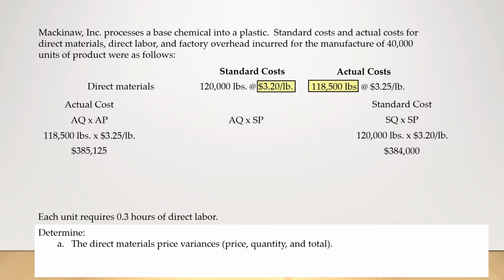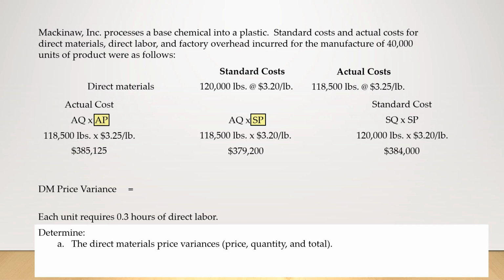Actual quantity times standard price is 118,500 pounds times $3.20 per pound, or $379,200. The difference between what Mackinac actually paid and what it should have paid is the direct materials price variance of $5,925. Is this variance favorable or unfavorable?